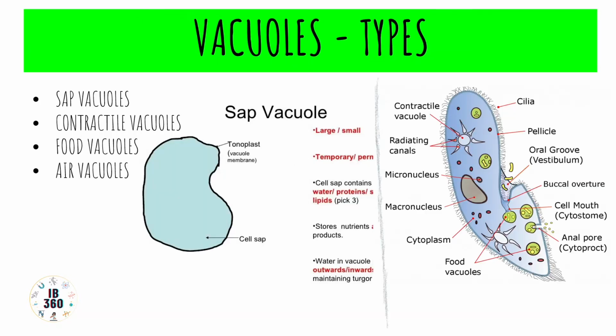Okay, vacuole types. There are 4 types of vacuoles: sap, contractile, food, or air. Now sap vacuoles have fluid present inside them, which is often called sap or vacuolar sap, and the composition of the sap, let me write it here.